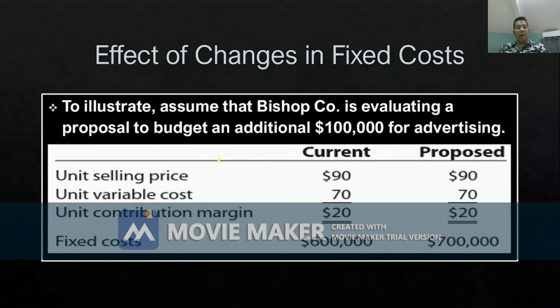So to illustrate, assume the Bishop Company is evaluating a proposal to budget an additional $100,000 for advertising.